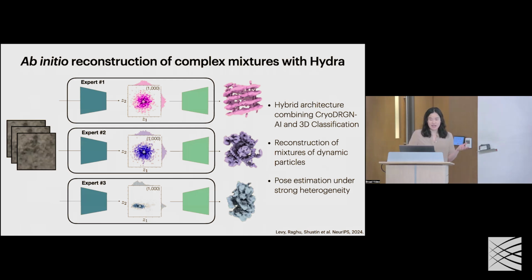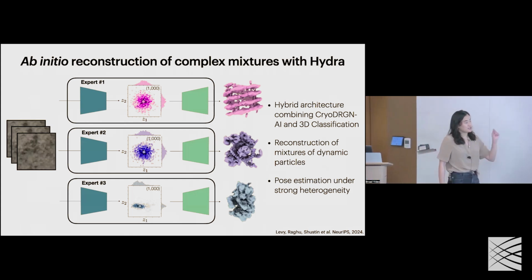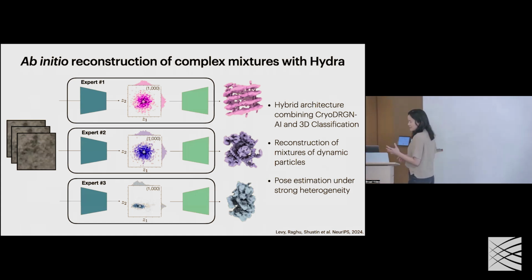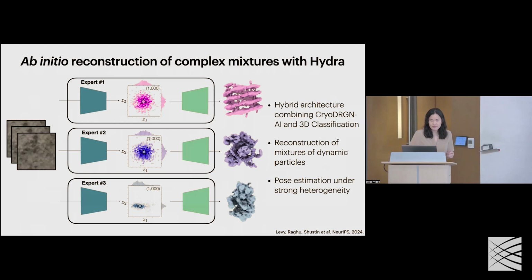So this is a hybrid architecture combining cryoDRGN AI and 3D classification. And we're doing inference of which neural field, which class we're in, as well as the conformational state and the poses. So it's a very challenging inverse problem.